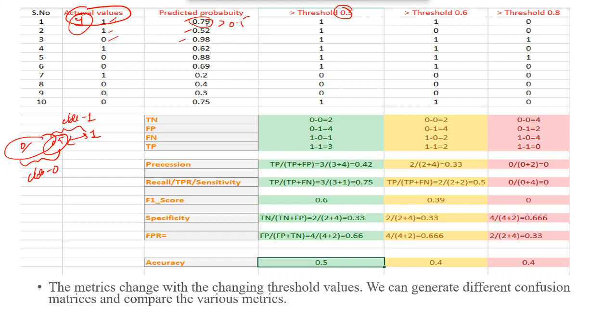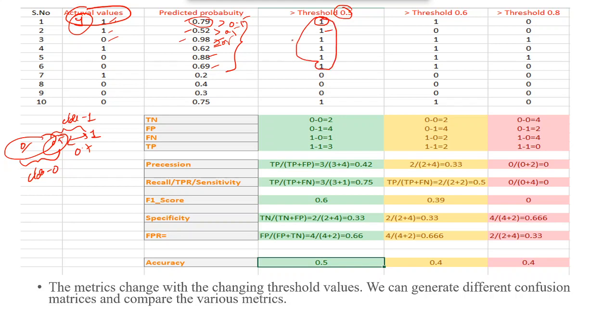So 0.79 means we consider class 1. Here 0.52 is greater than 0.5, so it is 1. Like that, this value, this value, up to here, these are all ones.